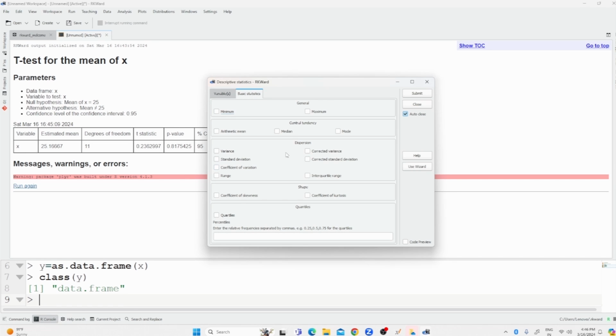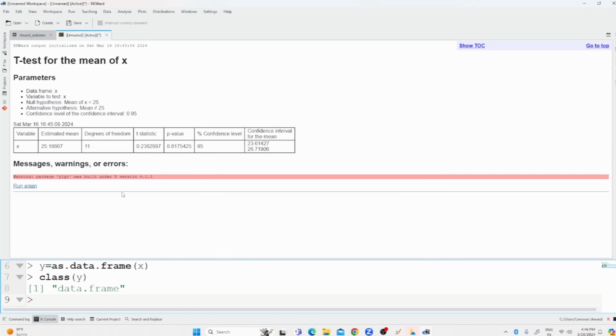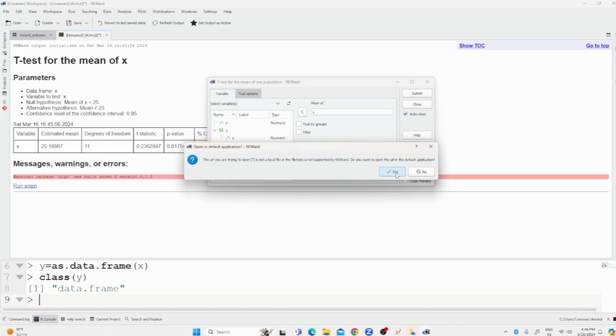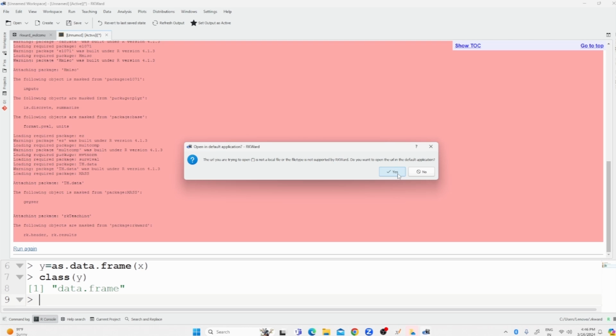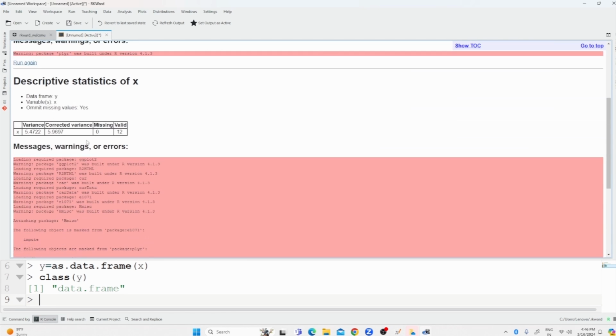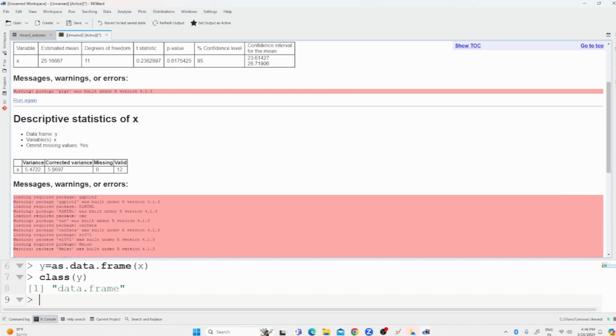Now please understand, we are calculating corrected variance and variance. You see 5.47, 5.96. Now the variance and corrected variance are two different things. When we just divide by n, it is called simple variance, and when we divide by n minus 1, it is called corrected variance.